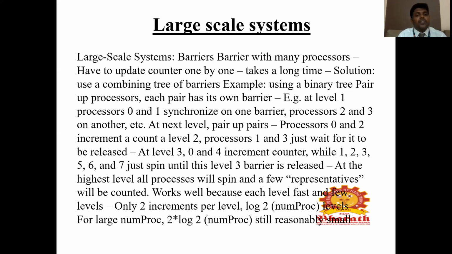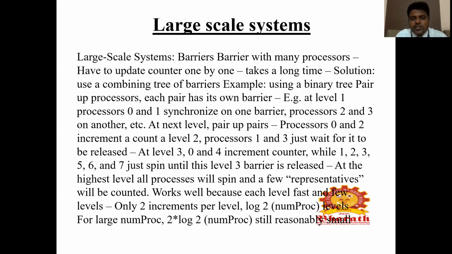In large-scale systems, barriers are slow, with many processes having to update the counter one by one. It takes a long time. The solution is to combine barriers in a tree. For example, using a binary tree, pair up processors, and each pair has its own barrier.